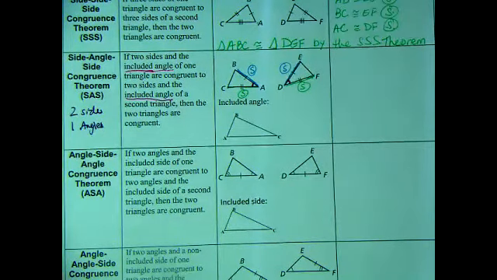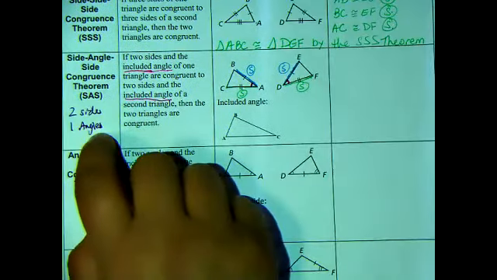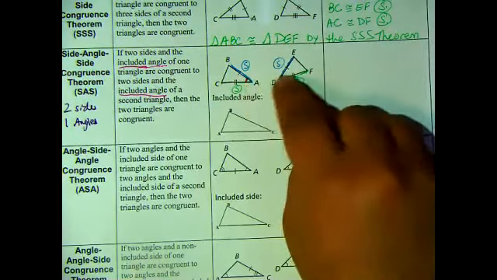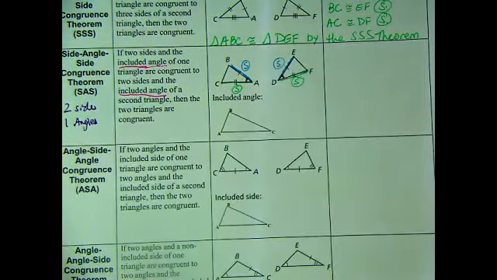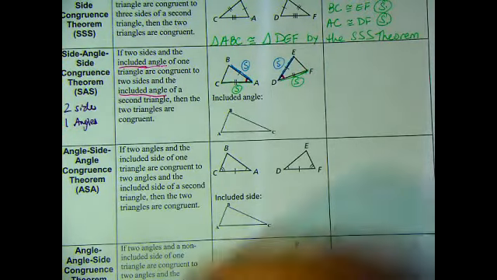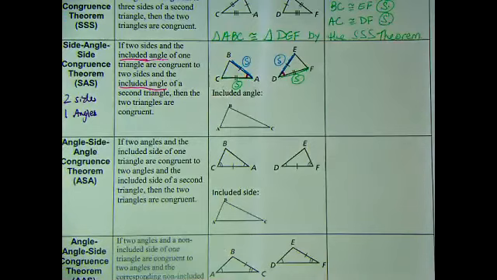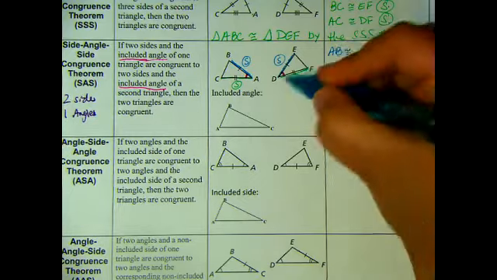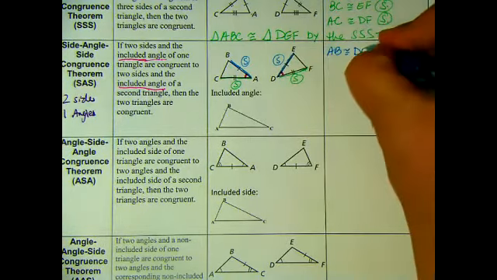So if you want to use the side angle side theorem, the angle that is congruent must be the angle that is between or being created by the two sides that you're saying are congruent. So over here, I have my side AB congruent to side DE. That's one of my sides.